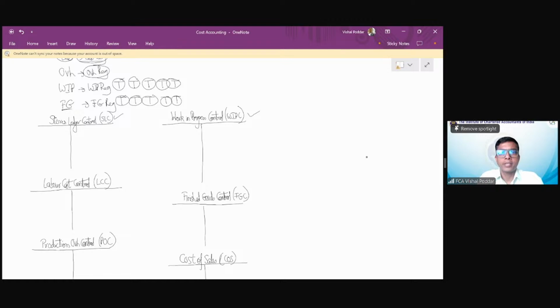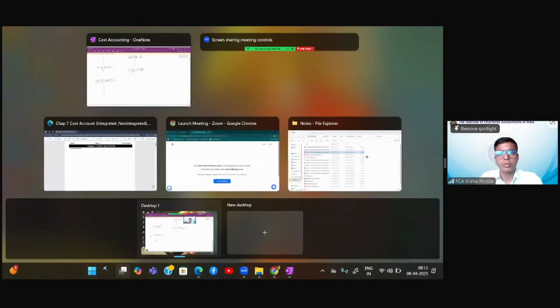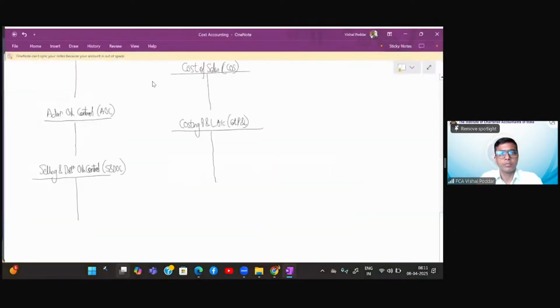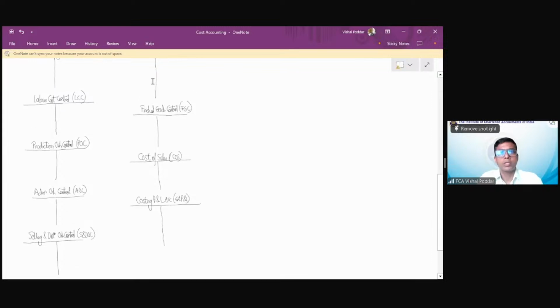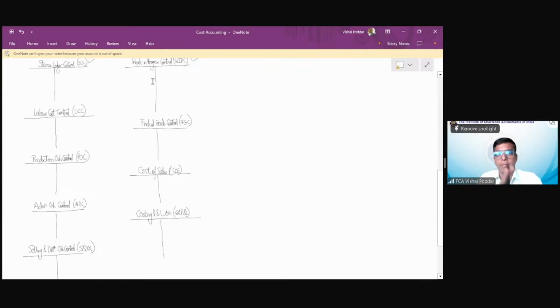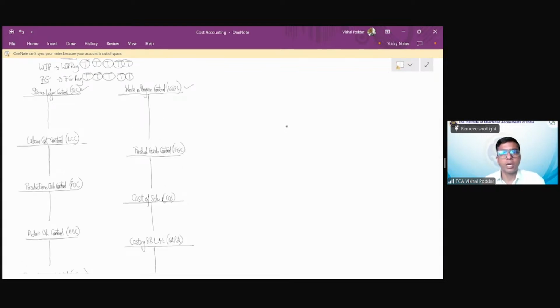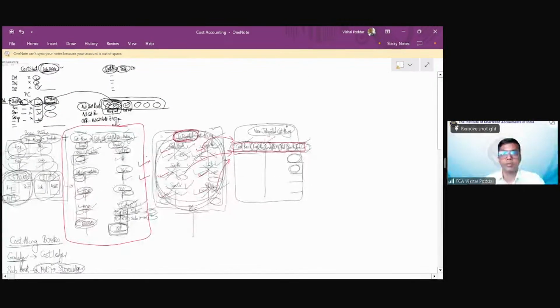Now, once you prepare these, as I said above also, these are the main accounts that you will compulsorily require whenever you are doing cost accounting. Now, after this, the difference between integrated and non-integrated comes. So after this, you will be preparing the account which is different between integrated and non-integrated. Since we will be majorly having non-integrated sums, the account that you have to prepare is this. What is this account?